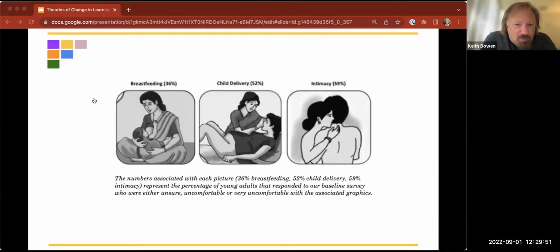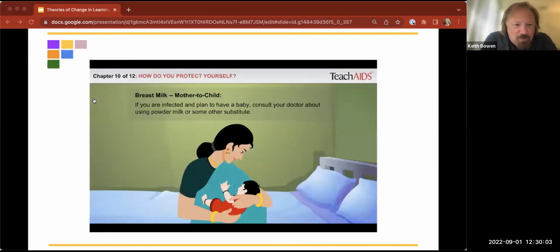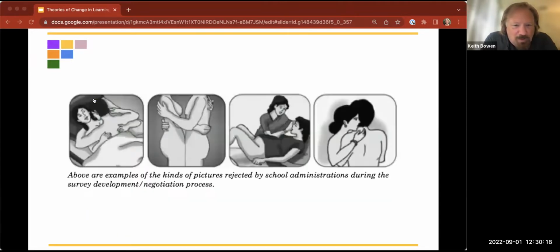Combining this with early user testing, in the next slide, they found imagery that led to the right kind of balance. This image tested well both in communicating the concept and in keeping users feeling comfortable.